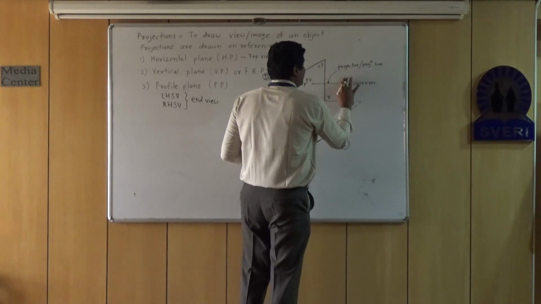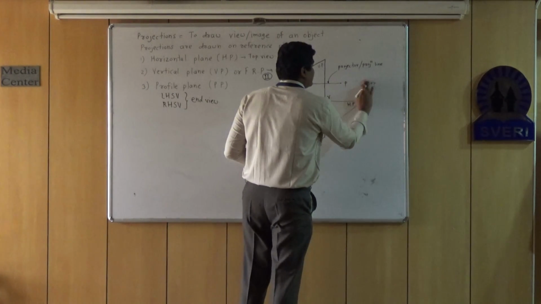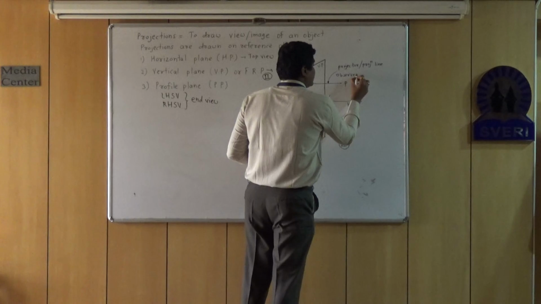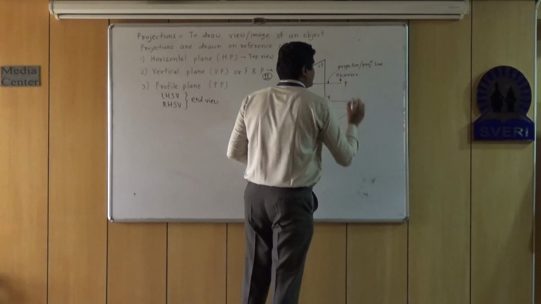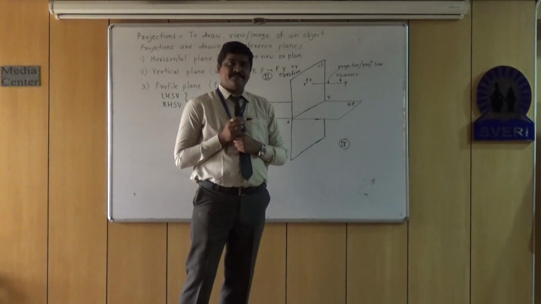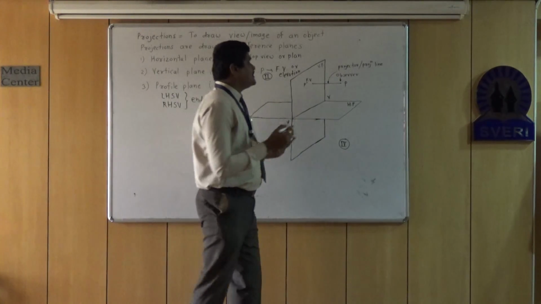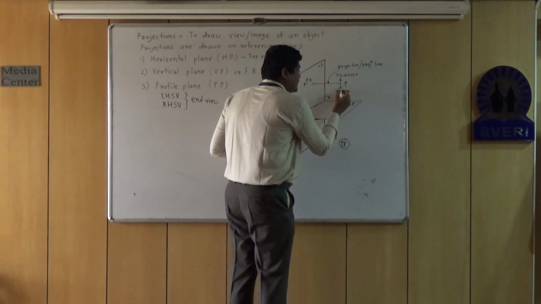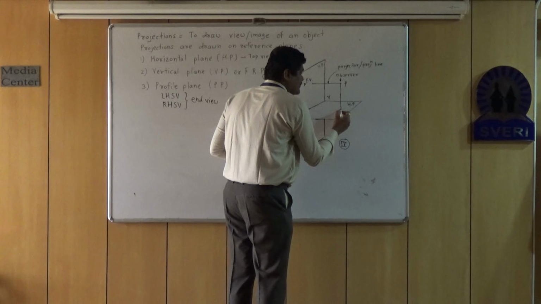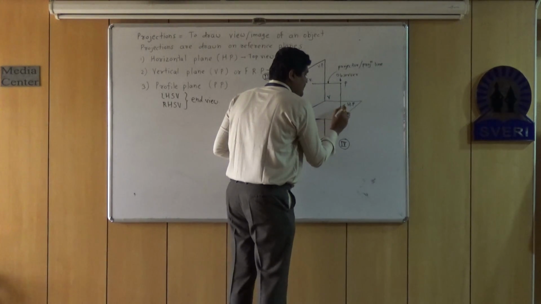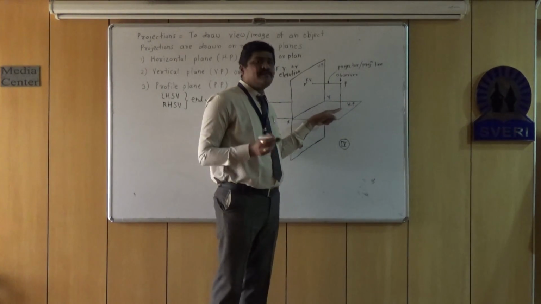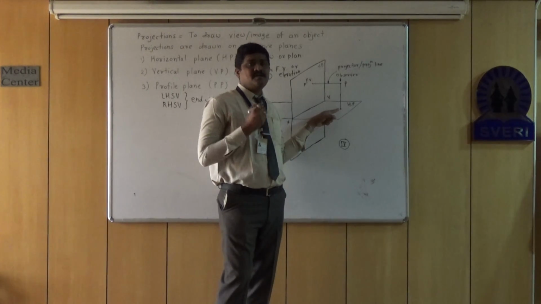Now let us imagine that the observer is looking towards this point from the top side. Once again there will be some rays of light which will travel towards the reference plane, and finally we can obtain the image or view of this point P in the horizontal plane.